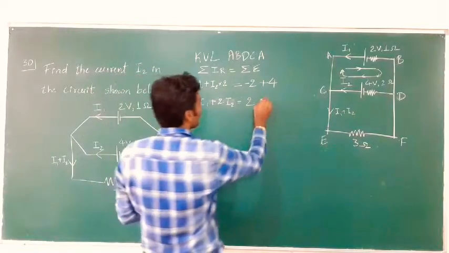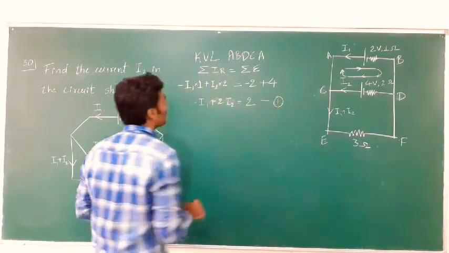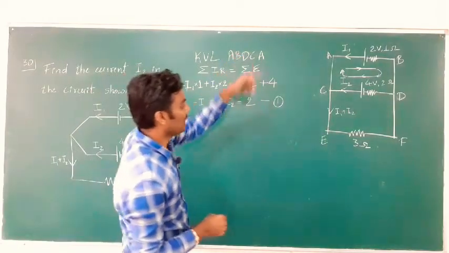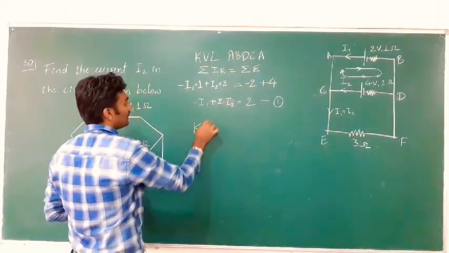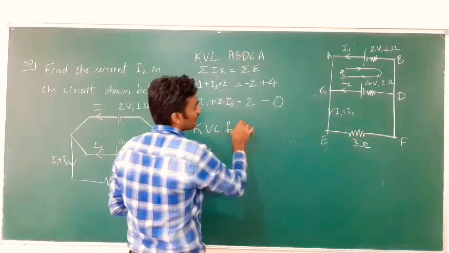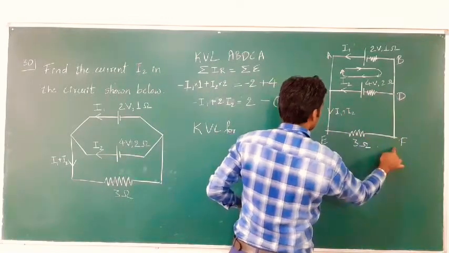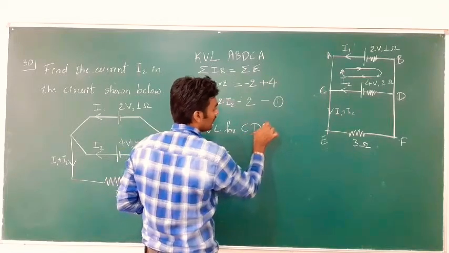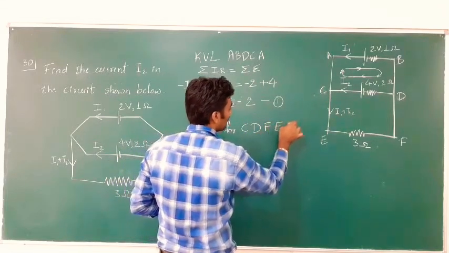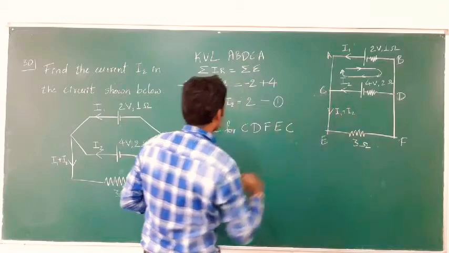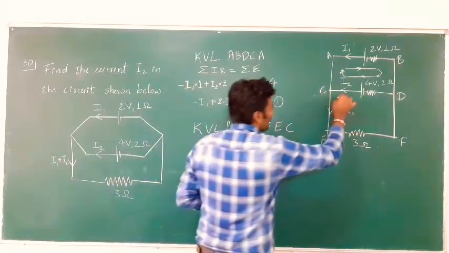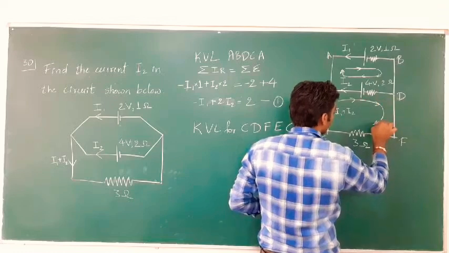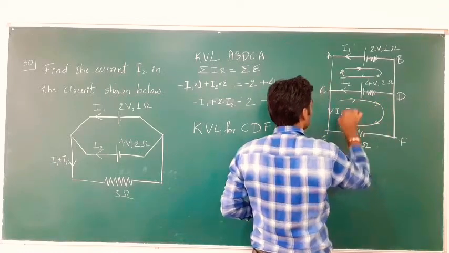So, this is equation number 1 that we get after applying KVL for the loop A, B, D, C, A. Similarly, applying KVL for the loop C, D, F, E, C. Now look, I start from C, move like this and end at C again.